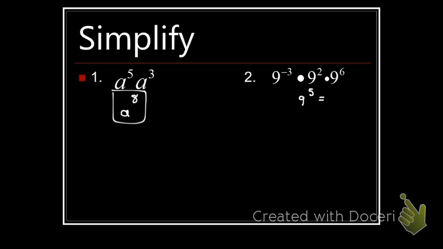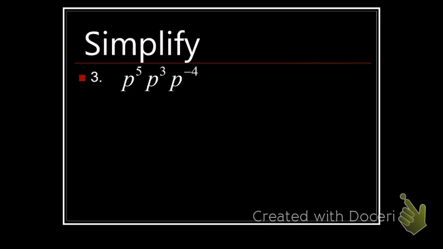But I'm more concerned about, do you know how to add the exponents? Does that make sense? Okay. So p to the 5th times p cubed times p to the negative 4 becomes p to the 5 plus 3 minus 4, which would be 4. We okay?